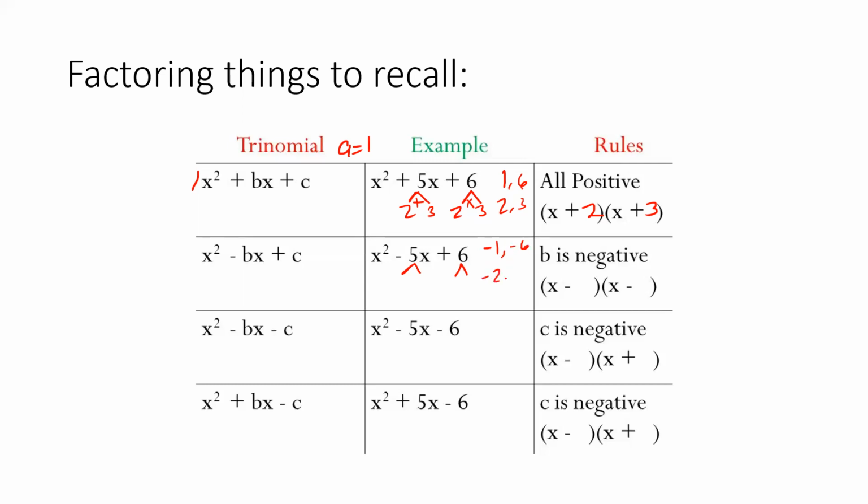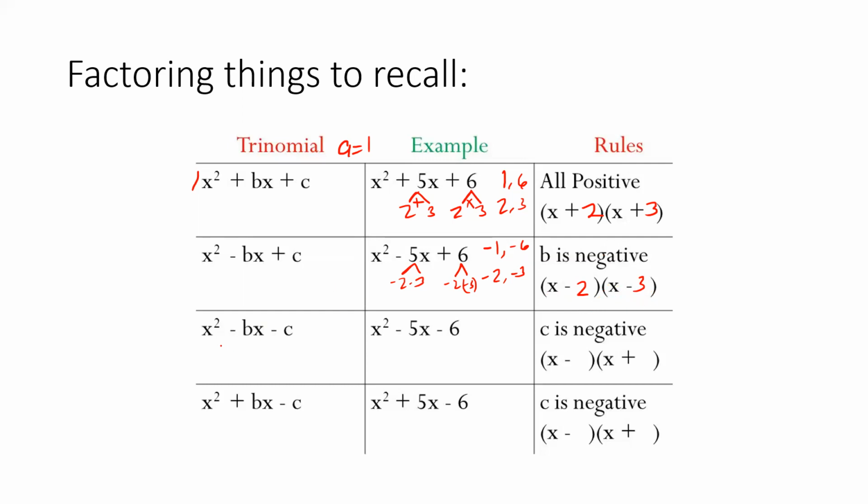So then let's try negative 2 and negative 3. Negative 2 times negative 3 is going to give me positive 6. Negative 2 minus 3 is going to give me negative 5. So my numbers are negative 2 and negative 3. So we have x minus 2 and x minus 3.